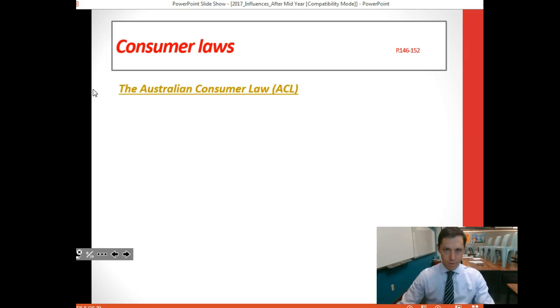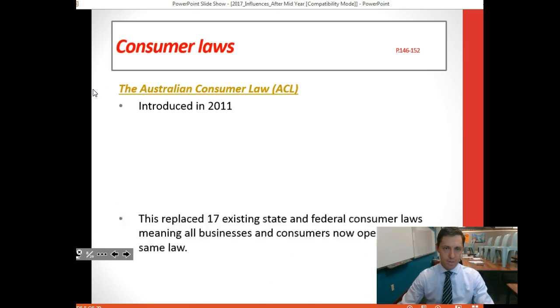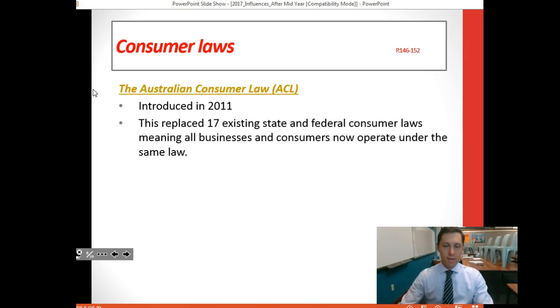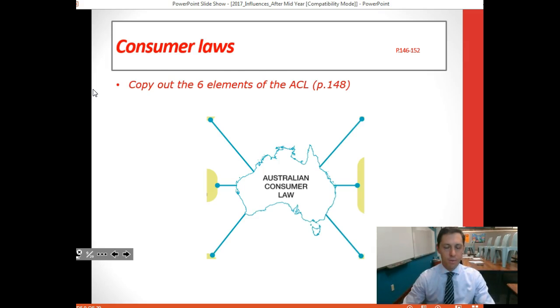From a legal perspective, in 2011 things changed in relation to Australian consumer law. Previously there were 17 state and federal consumer laws, and they were all effectively bundled into one new law, the Australian Consumer Law, in 2011, which covered effectively everything within this area.